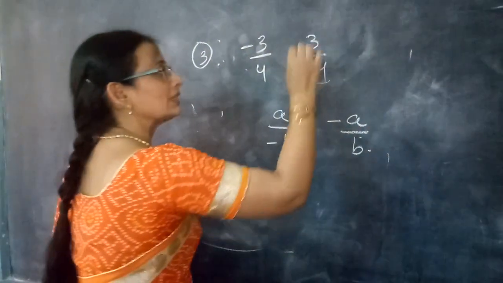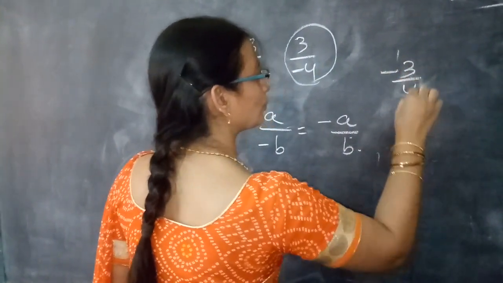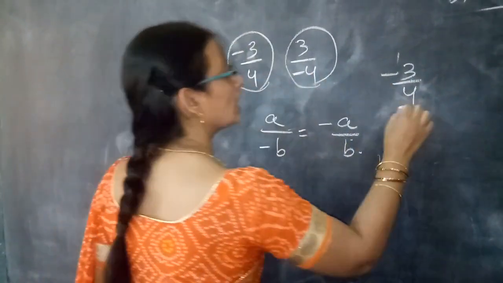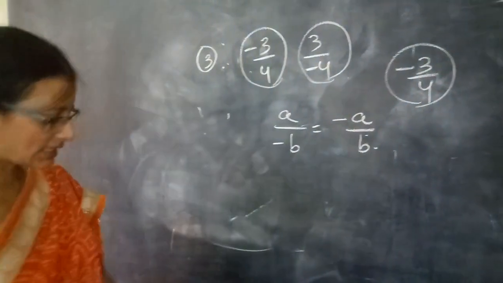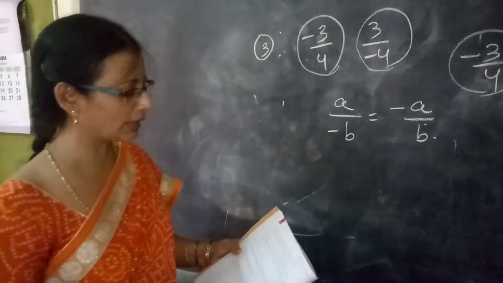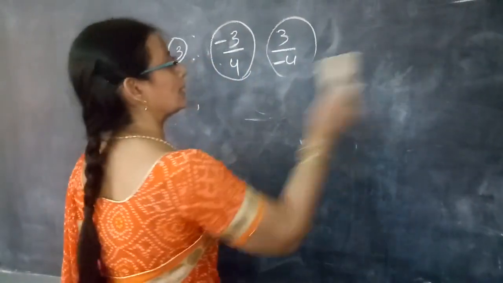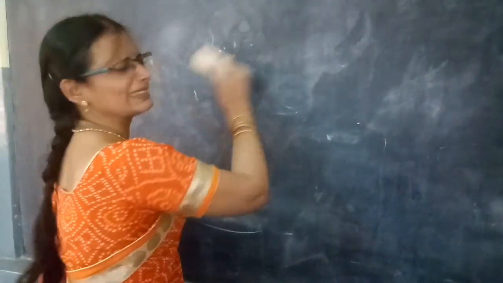So 3 by minus 4 means minus 3 by 4. So minus 3 by 4 and minus 3 by 4 both are same. So minus 3 by 4 and 3 by minus 4 are the same negative rational numbers.